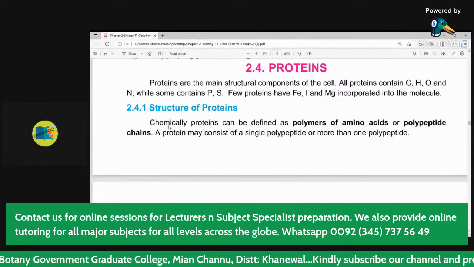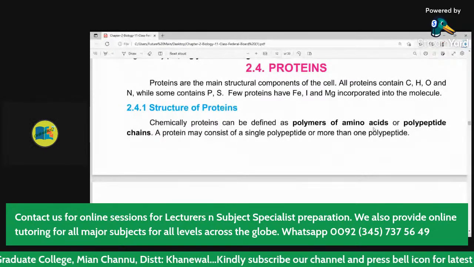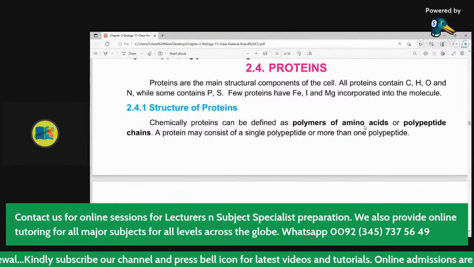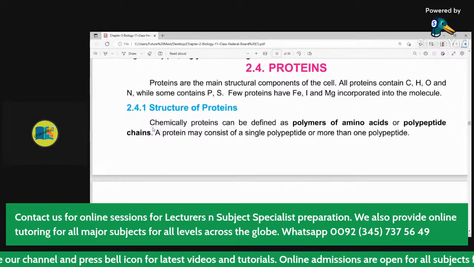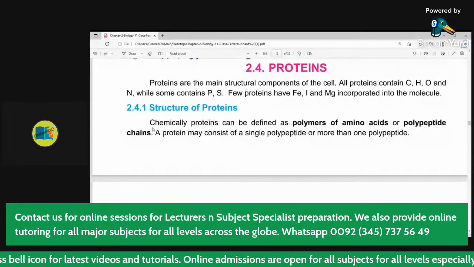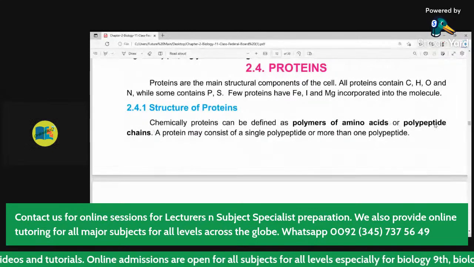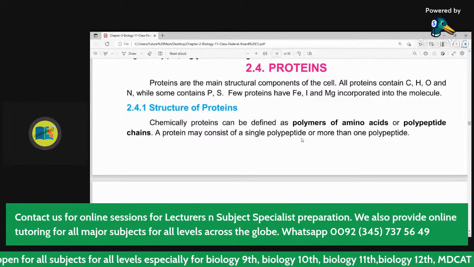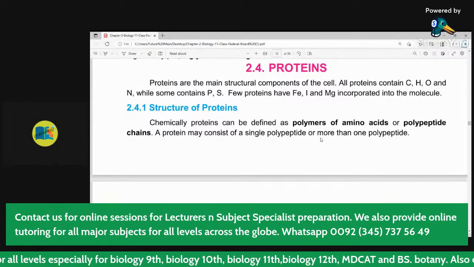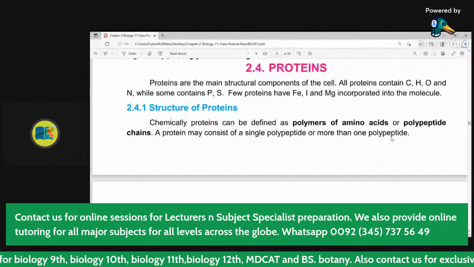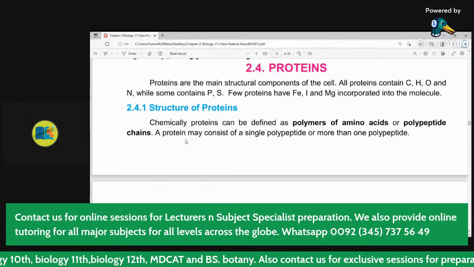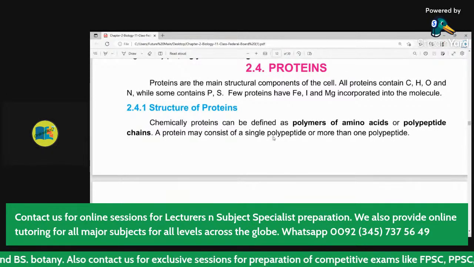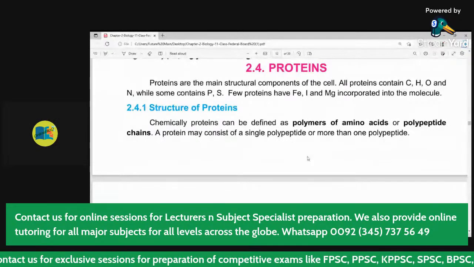A protein may consist of a single polypeptide or more than one polypeptide chain.